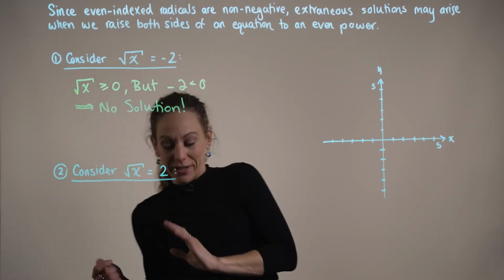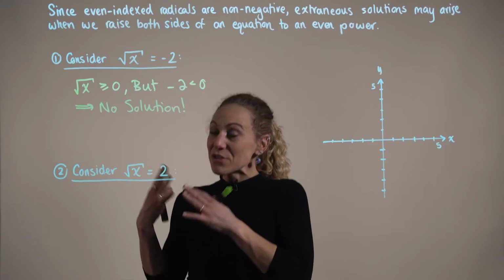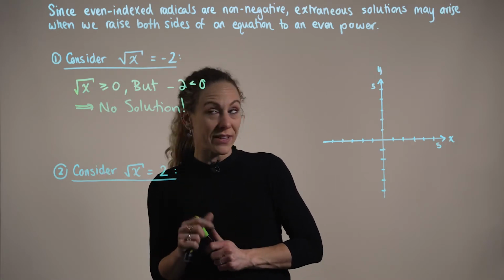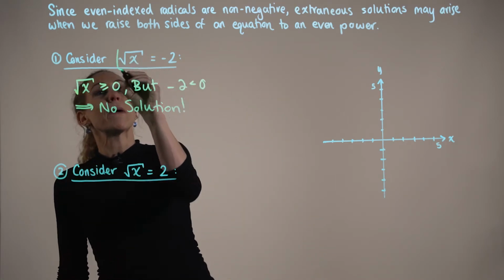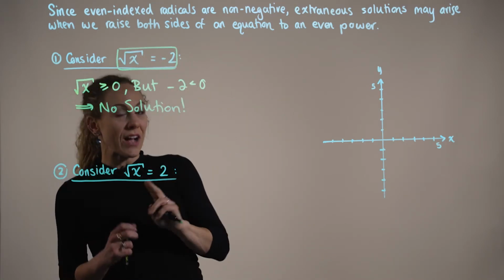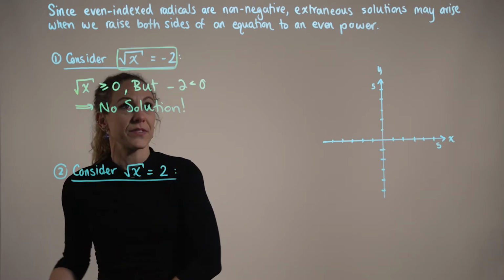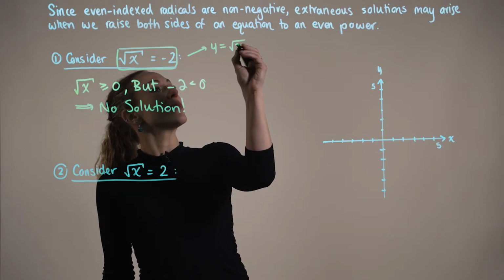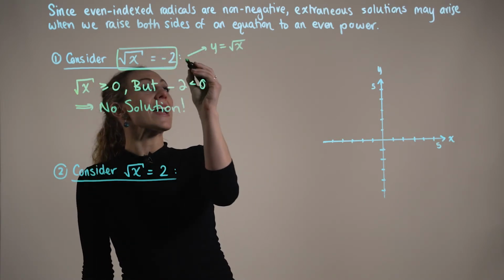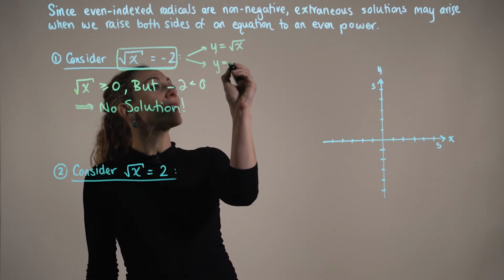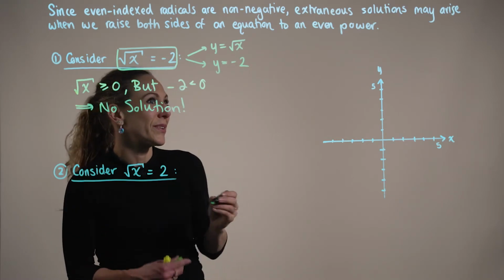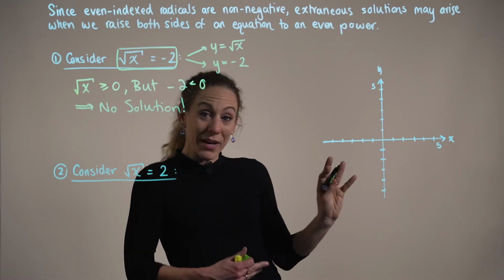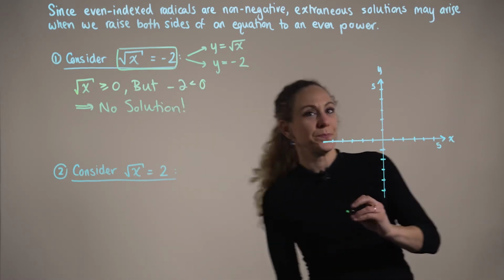To help us with intuition for this, we can confirm this conclusion graphically. Thinking about our given equation here, I want to split it up into 2 curves. We can say y is equal to the square root of x, and we can also consider the graph for y is equal to -2. Let's plot these 2 curves on the coordinate plane and see what happens.